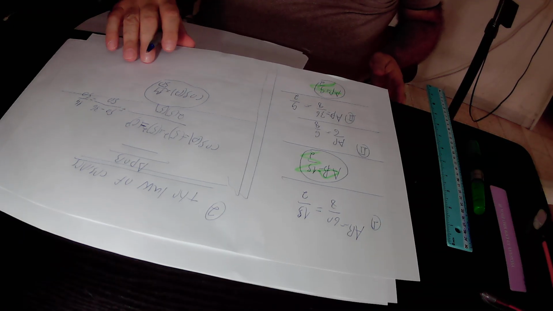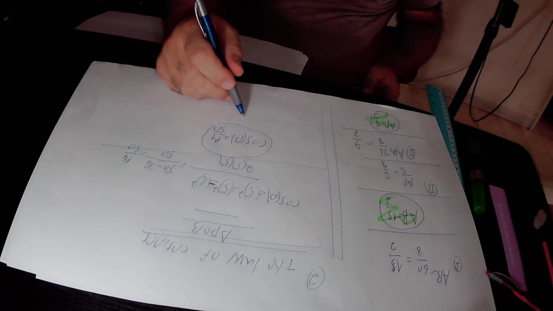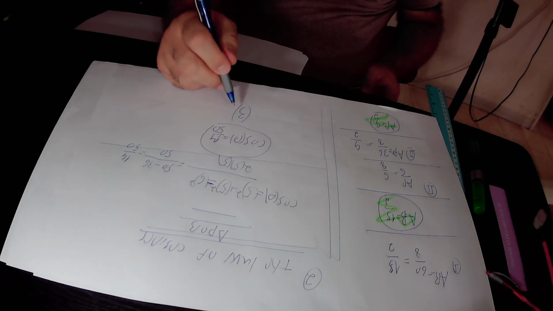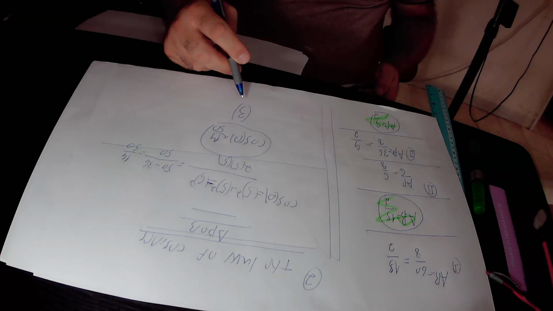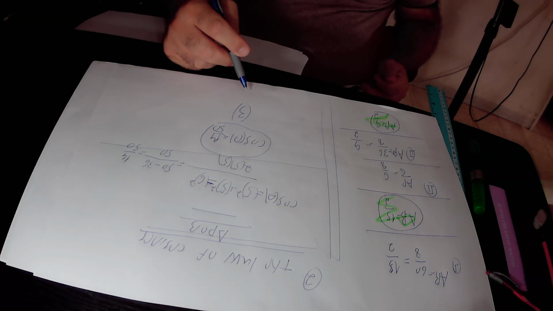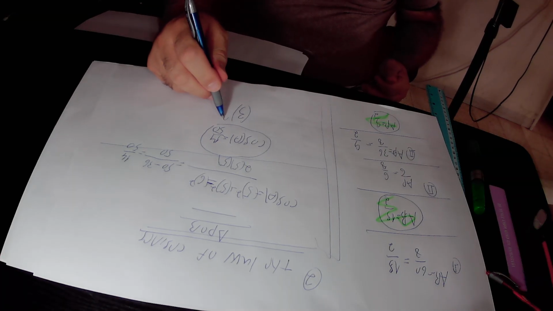Okay, so for example, if we have a number 3 and we operate on number 3 the function square, that is to say the square of 3 is 9.